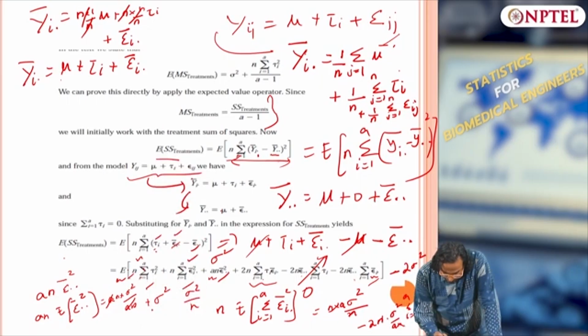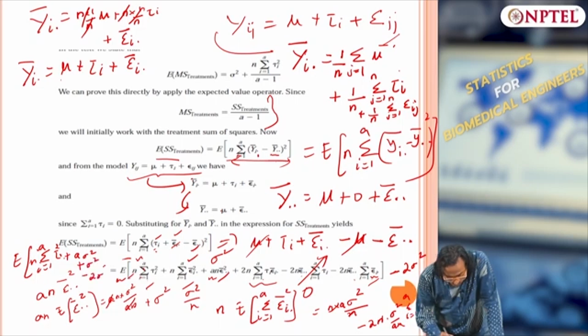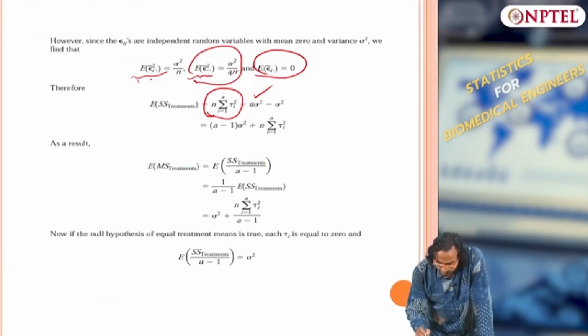Okay. So, I have minus 2 sigma squared plus sigma squared. So, the first term remains the same, the second term is a sigma squared, the third term is sigma squared, and the sixth term is minus 2 sigma squared. So, what do I have? I will have a minus 1 sigma squared plus the first.